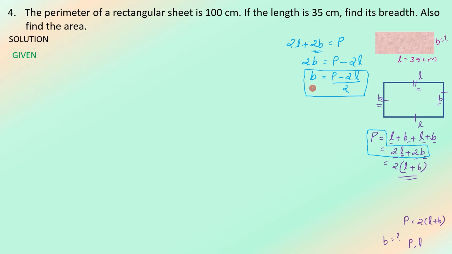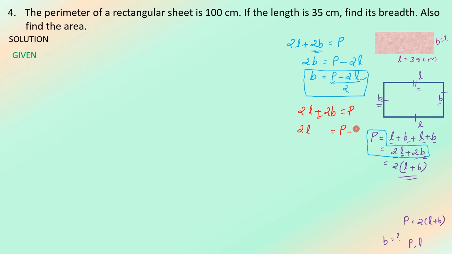We can use this formula for finding the breadth of a rectangle if its perimeter and length is given. In the same way, if we want to find the length, again we can write 2L plus 2B equal to P. Since we want to find the length, keep 2L here. It will be equal to P. Here, when we take 2B from LHS to RHS, since the sign is plus here, it will be minus there.